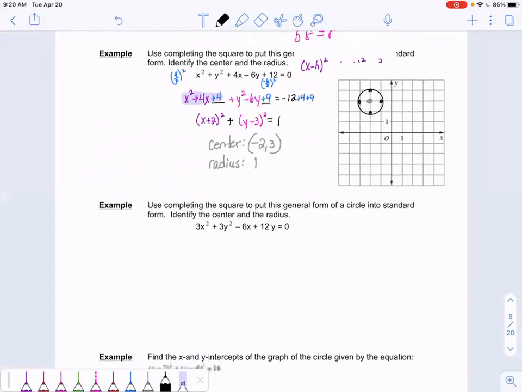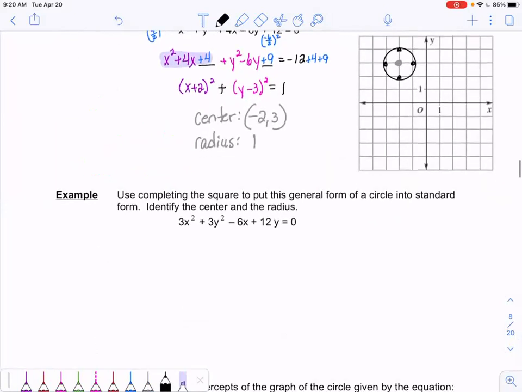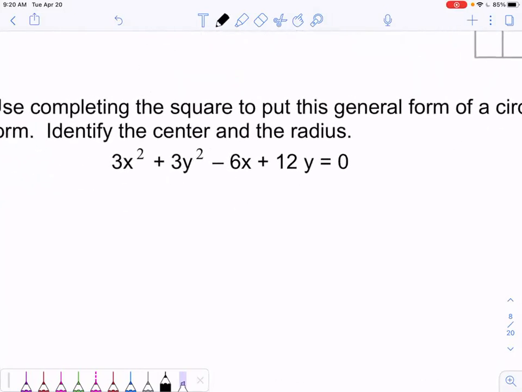So see if you can take the next equation and think about what you're going to have to do to complete this square. Use completing the square to find the standard form of this circle. Identify the center and the radius. So think about the steps that you need to do to complete the square.